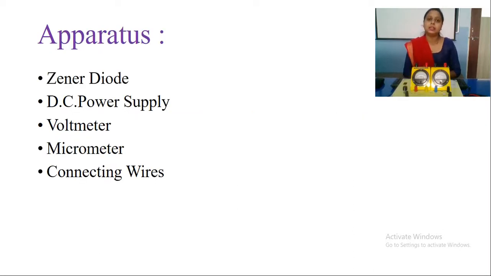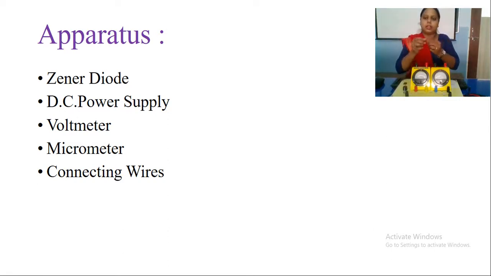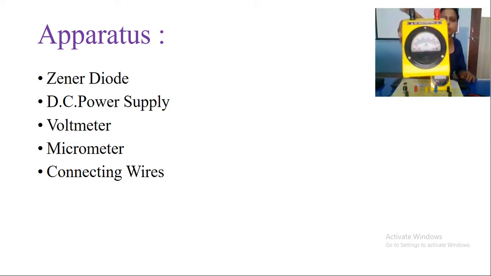Let's see the apparatus. We will require a Zener diode. We have this kind of Zener diode, a very small electronic component. Then we will require the DC power supply, voltmeter, and microammeter.